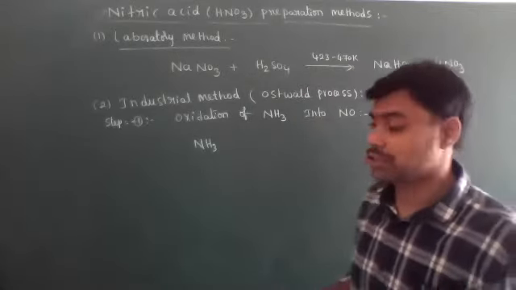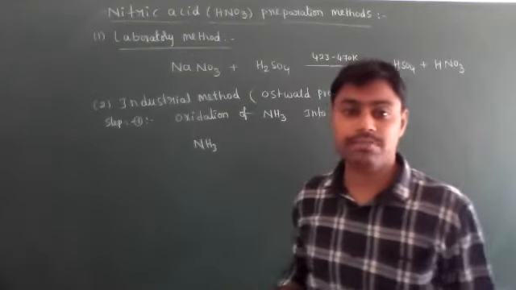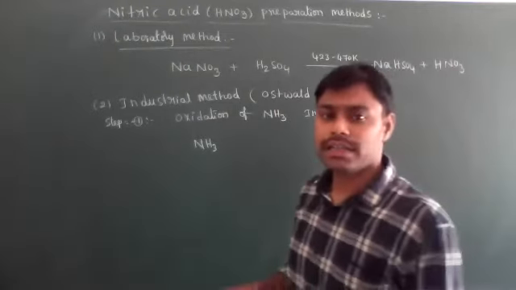So in the Ostwald process, what is the catalyst we are using? Platinum catalyst, in the first step.